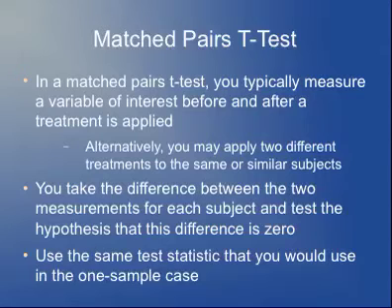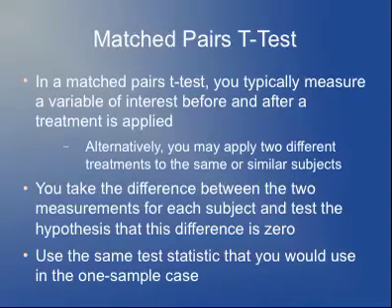Now, to extend this to the two-sample case, the simplest way is if you have a matched pairs design. Typically, the way you would get data in a matched pairs design is that you take a measurement at the beginning of your study, apply some type of treatment, and then measure it again after the study.